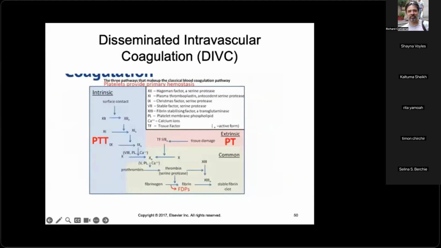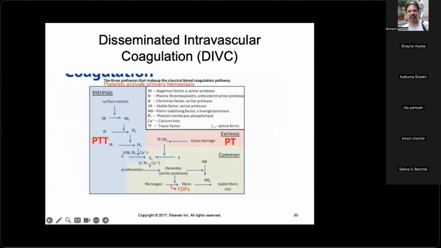The clot is strengthened by secondary hemostasis, which involves the intrinsic, the extrinsic, and the common pathway. We'll go to the specifics of each pathway, but I'll highlight some important points. First, the intrinsic pathway is monitored by PTT. Your extrinsic pathway is monitored by your PT lab.